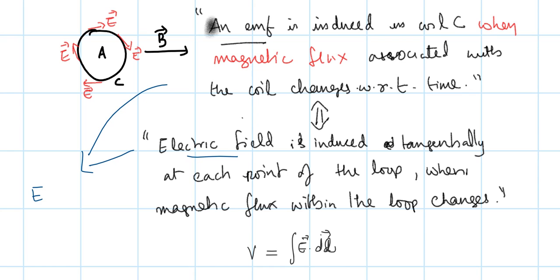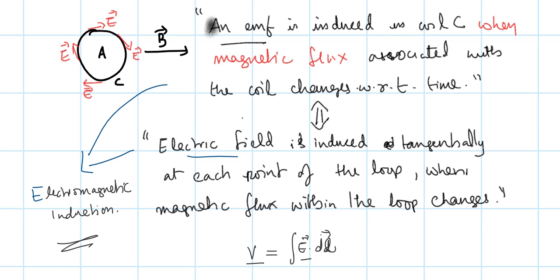So in fact you can either say it is potential EMF or you can say it is electric field. Both are equivalent statements. So anyways, they point towards the same phenomenon known as the electromagnetic induction. So this is the phenomenon of electromagnetic induction. So this is the concept.